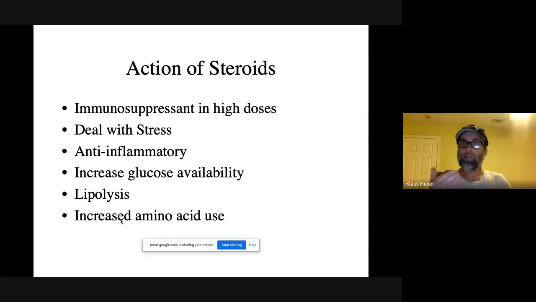So here, steroids increase amino acid use. Why? Because you have to make a repair. You sprained your ankle, you have to repair tissue. And to repair tissue, you need two things. One, proteins, because that's the ingredient we use. Two, you need an energy source. You need the protein and you need energy to make the proteins work.